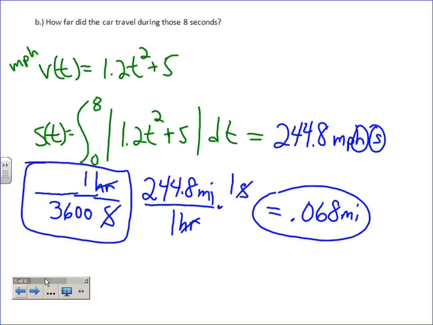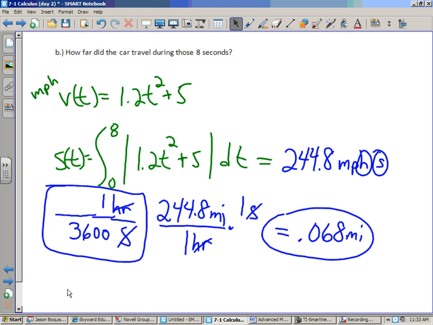So you have to watch out for labels. Would it have been way easier if this would have just been hours here? If this was hours, well, the miles per hour and the hours would have canceled. It would have just been 244.8 miles. But it was miles per hour and then times seconds. That's a problem. Any questions?